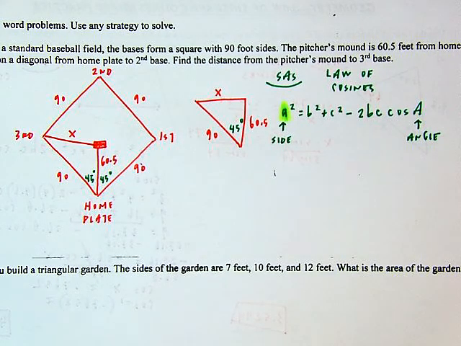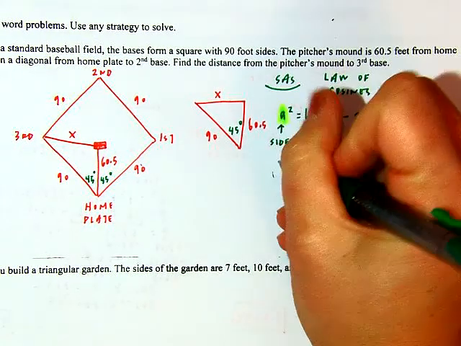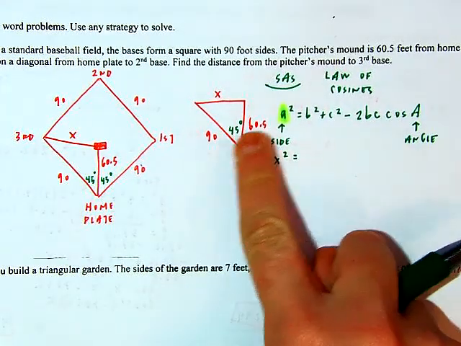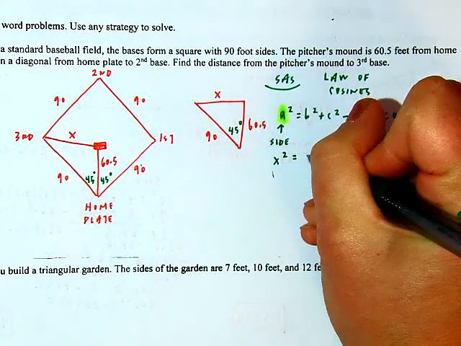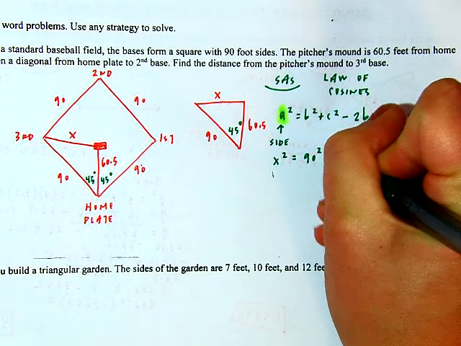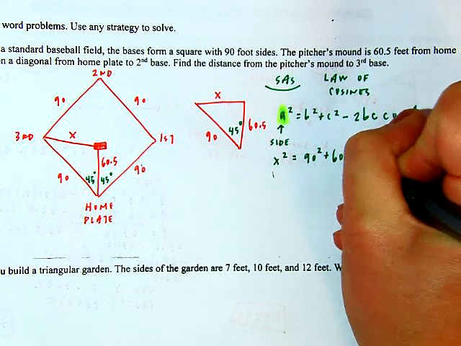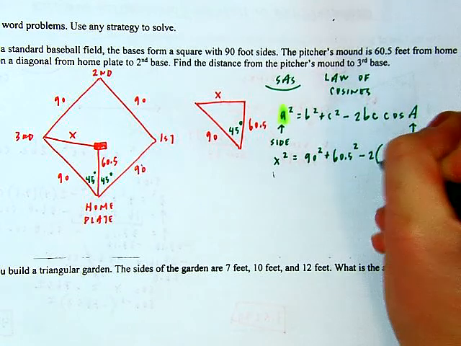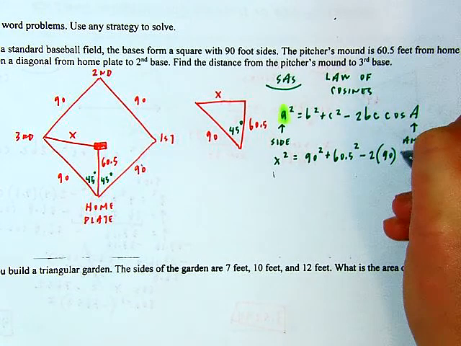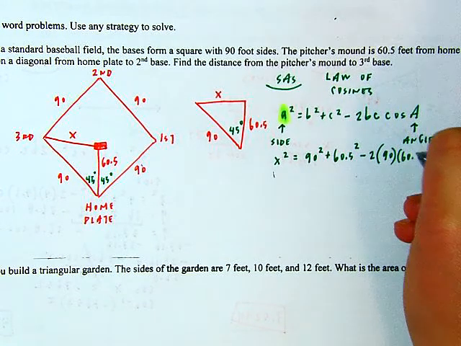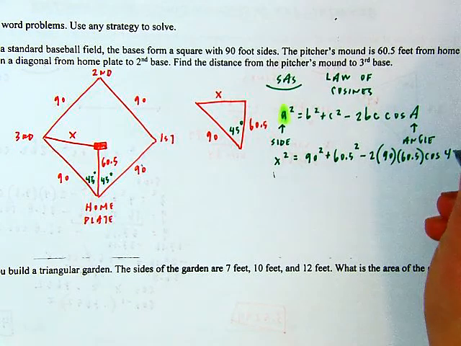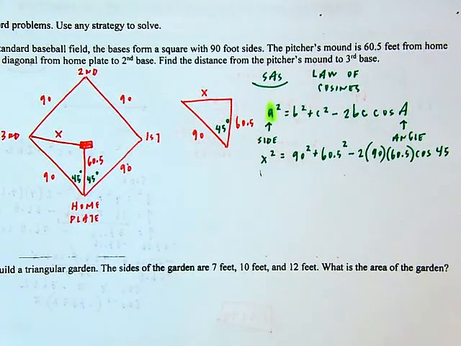So when I plug in, I have x squared equals, again, what I call b and c, it doesn't matter. So I could say 90 squared plus 60.5 squared minus 2 times 90 times 60.5 times cosine 45. Slide that over.